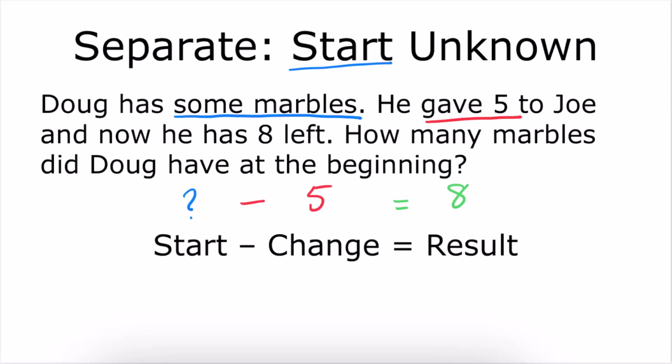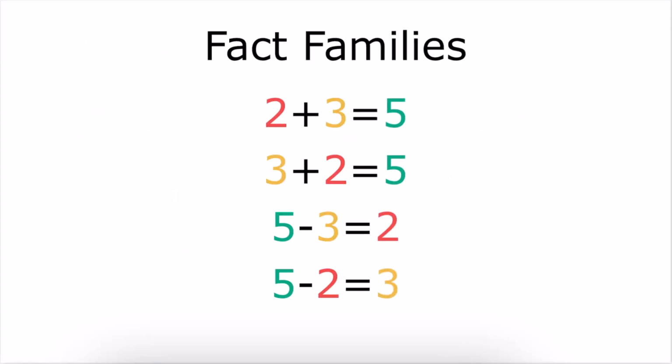And so this would be the math sentence that represents this word problem. And then once you have the math sentence written, then you can help your students figure out strategies for finding the missing value. So one of the strategies that can be really helpful when the math sentence has a question mark with other information on one side of the equation is to use the idea of fact families. So fact families are the groups of math facts that are all related to each other, either by commutativity, where if you switch the 2 and the 3, you get 3 plus 2, or by inverse operations.